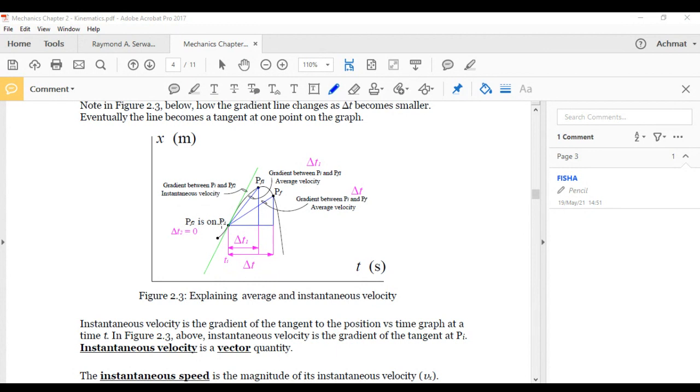But when Pi and Pf are on top of each other, then the line that represents it, a straight line, is effectively the tangent to the graph at Pi. And that is called your instantaneous velocity.